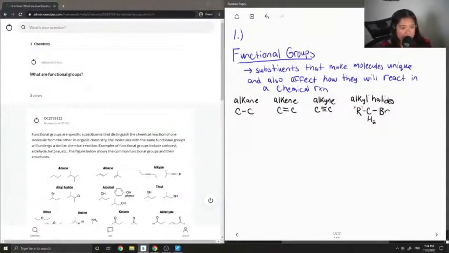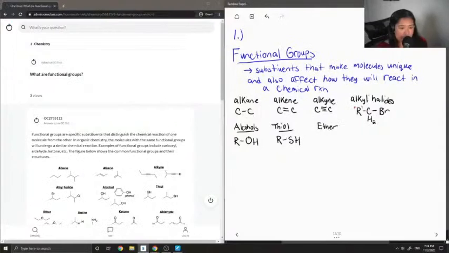After alkyl halides, you could have alcohols. Again, I'm just going to do R to signify another carbon group. And alcohols are when you have an OH. Similarly, you can have a thiol, where instead of oxygen, it's sulfur.